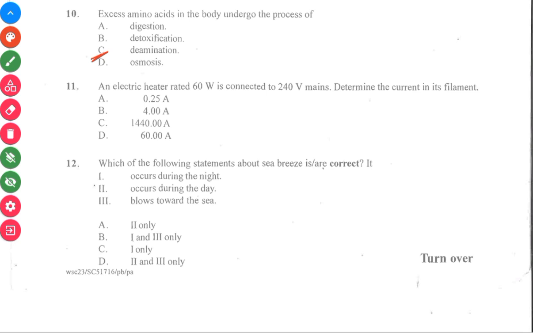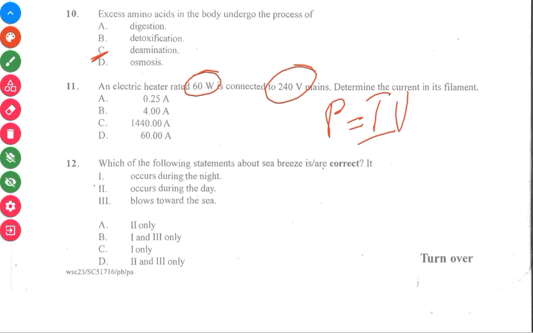Question number 11. An electric heater rated 60 watts is connected to 240 volt mains. Determine the current in the filament. Now with this question as well, know that power equals current times potential difference.